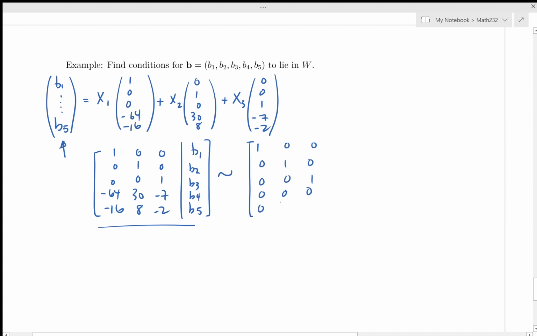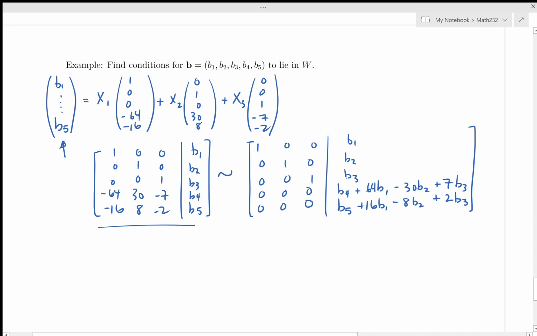Then I can clear these ones to 0, and I end up with b1, b2, b3. Here I end up with b4 plus 64b1 minus 30b2 plus 7b3. And then here b5 plus 16b1 minus 8b2 plus 2b3, like that.